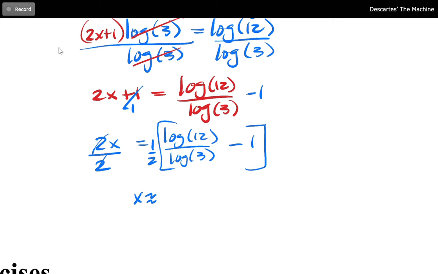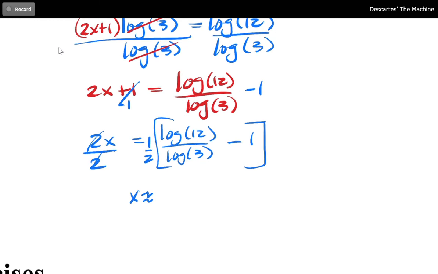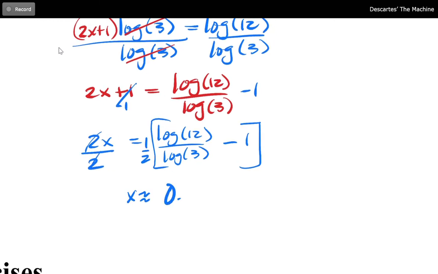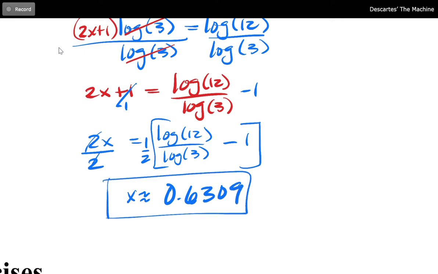Then I'm going to subtract 1 from it, equals, and I get 1.261859. And then I'm going to divide by 2, or you can multiply by 1/2. So I get approximately 0.6309. There's my answer. Okay.